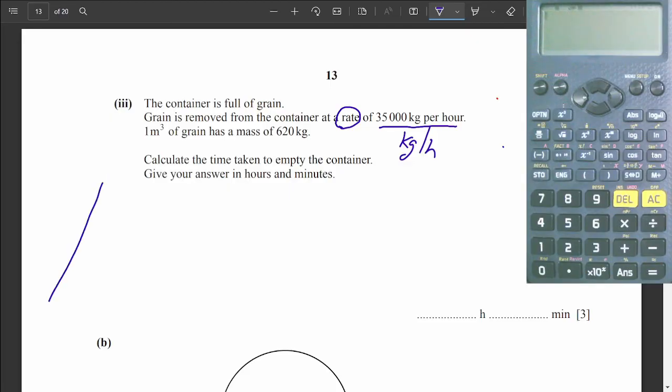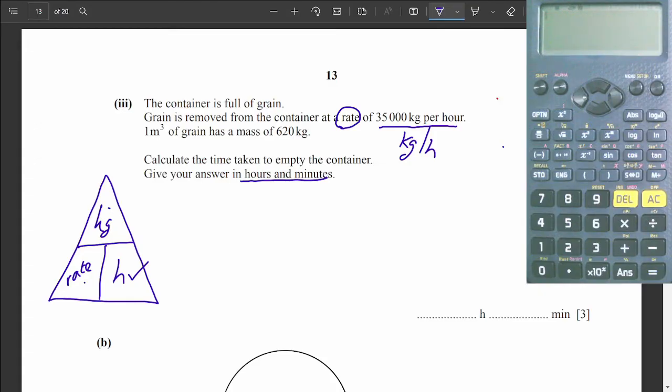So if we're going to make a little triangle, kilograms per hour, and what does that give us? That gives us the rate. So if we need to work out the time, which is this one here, we need to do kilograms divided by rate.